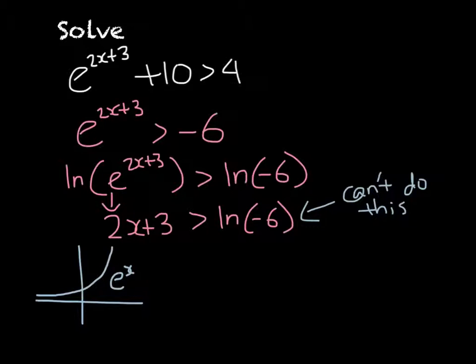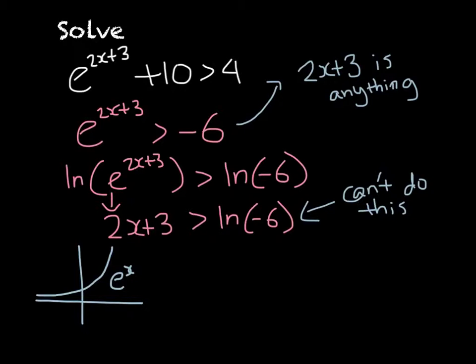And so just looking at this, we can tell that no matter what x is, this value will always be greater than negative 6, meaning that our solution for this equation is that 2x plus 3 is anything. In other words, x is anything. So we can plug in any number into this inequality and it will hold true.